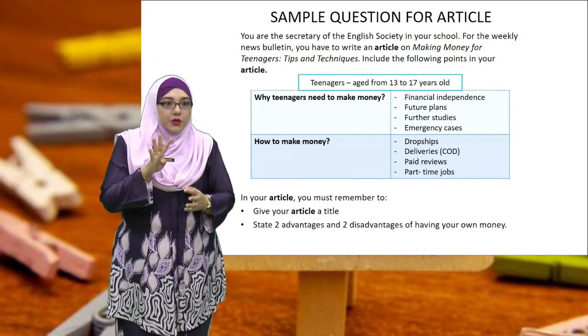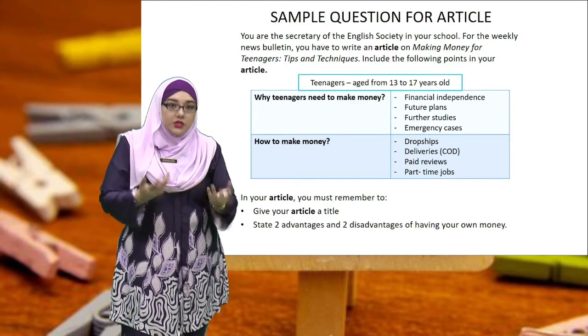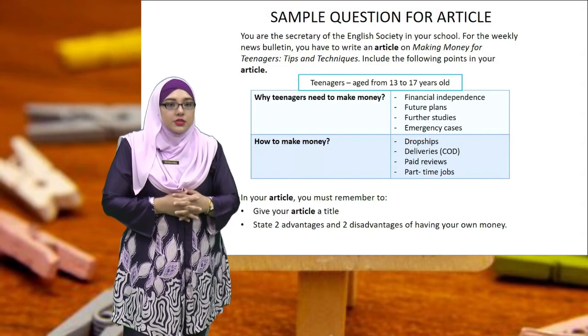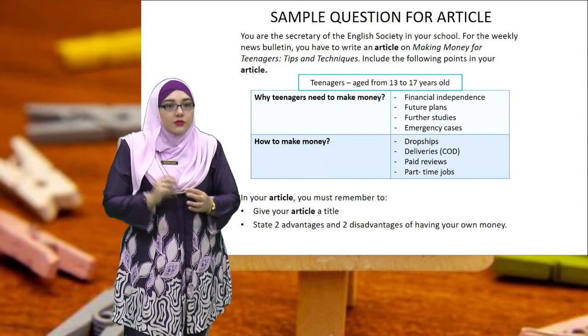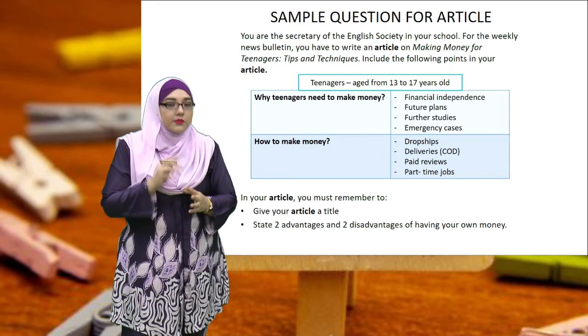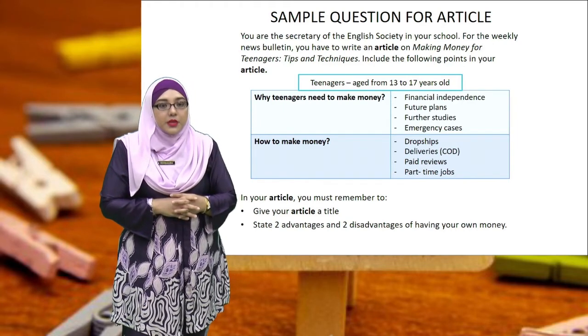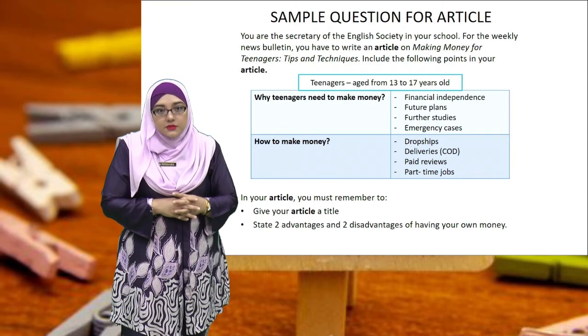So there are 4 content points given there. Financial independence, future plans, further studies, emergency cases, and for how to make money, there are also 4 content points given. Dropships, deliveries, paid reviews, part-time jobs.